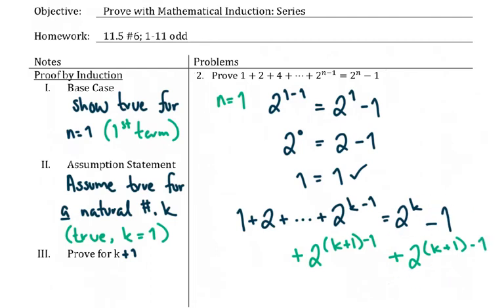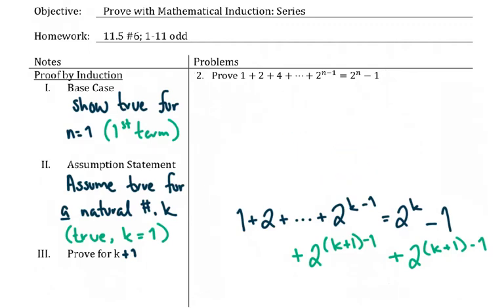So I'm going to erase here, and I'm going to now say, well, 1 plus 2 plus our series is now what we want it to be, k plus 1 minus 1. So it's just this whole series side with n is equal to k plus 1, which is what we want. And now it's time for algebra.